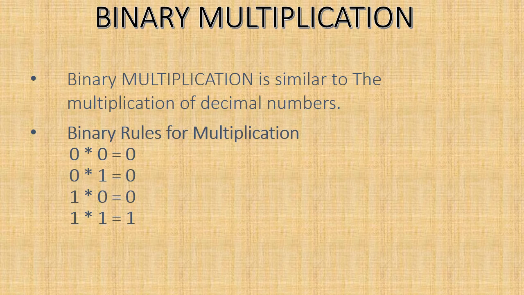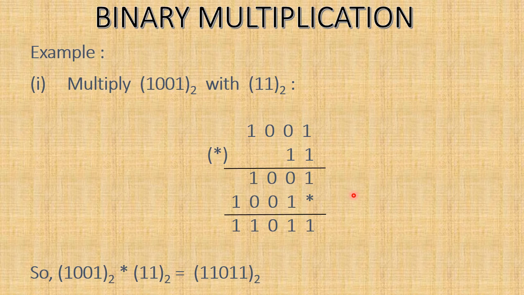So in binary rules for multiplication also, we are using only these two digits. 0 into 0 will give 0, 0 into 1 will give 0, 1 into 0 will give 0, and 1 into 1 will give 1.